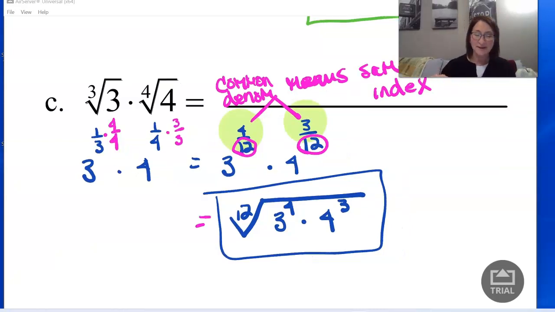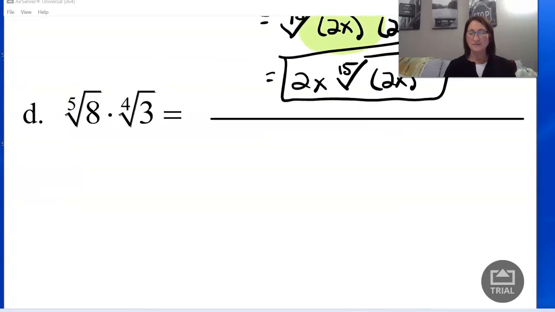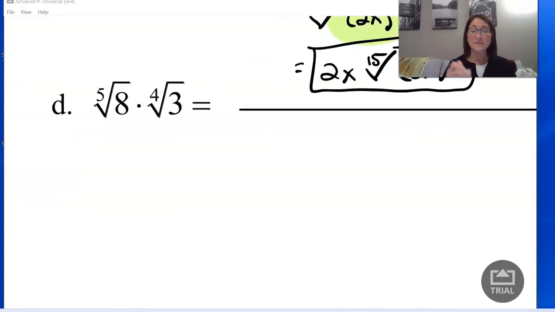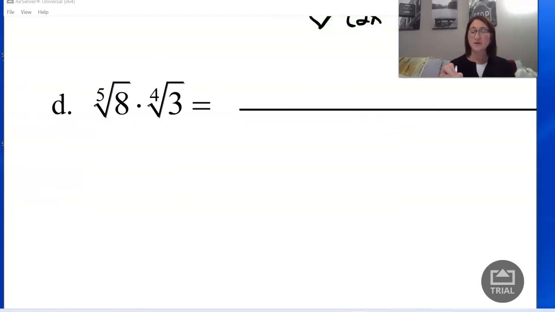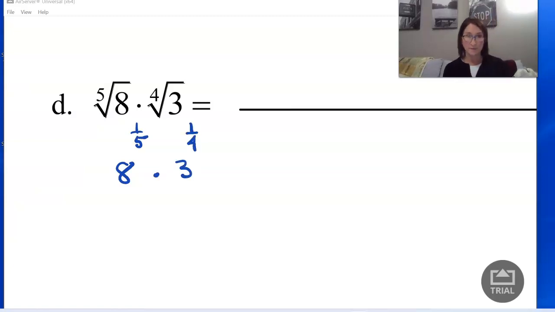Wow, that was fun. Let's do another one like that. I need to make some room here. Get rid of some of that other work. All right, so same thing. We start by creating fractional exponents. 8 raised to the 1/5 times 3 raised to the 1/4.